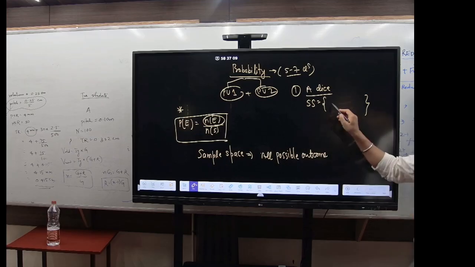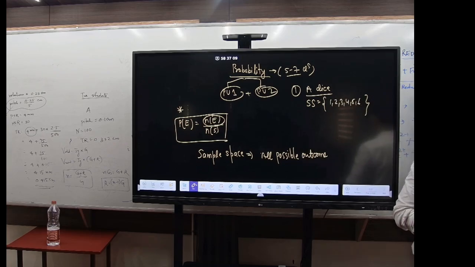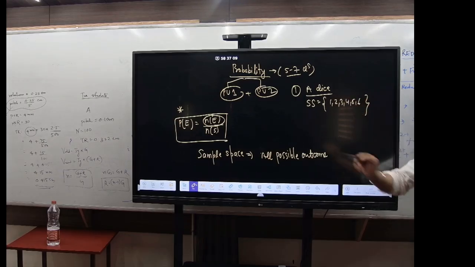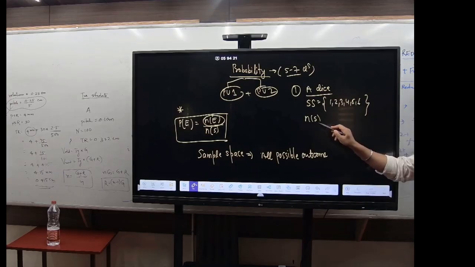We can expect 1, 2, 3, 4, 5 and 6. Can we expect 7, 8, 0? We can only expect these 6. So this is called sample space, all possible outcomes. So one dice has a total of 6 possible outcomes.